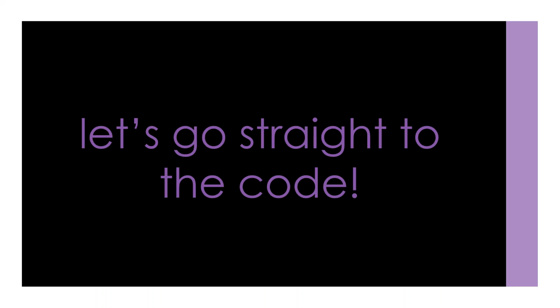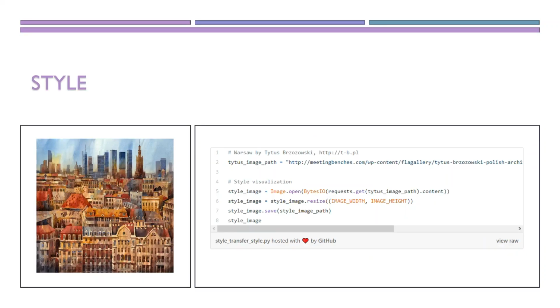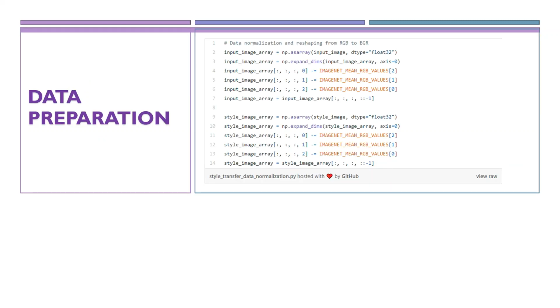Let's go straight to the code. Let's start with defining our input. Then let's define a style image. Next step would be to perform reshaping and mean normalization on both images.